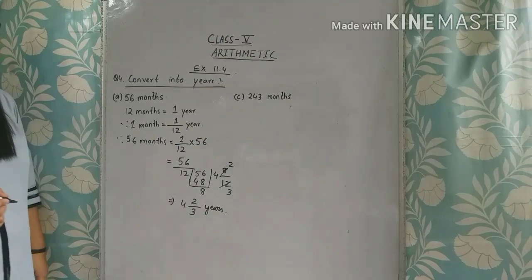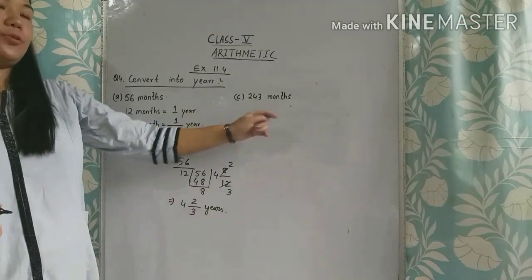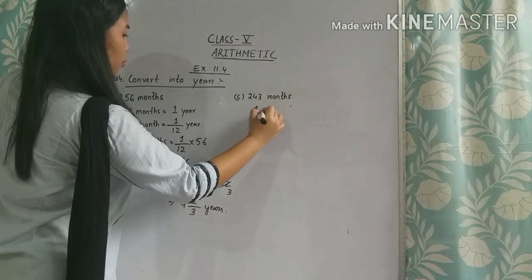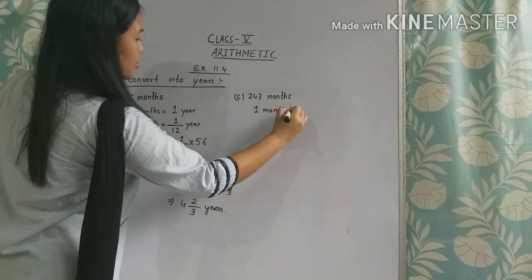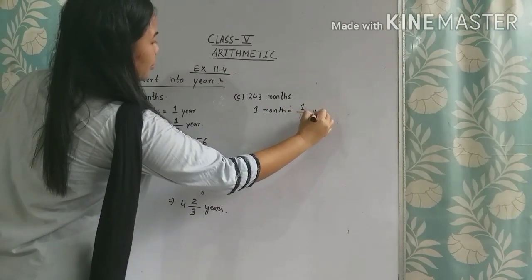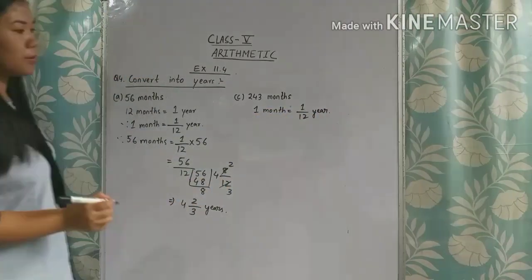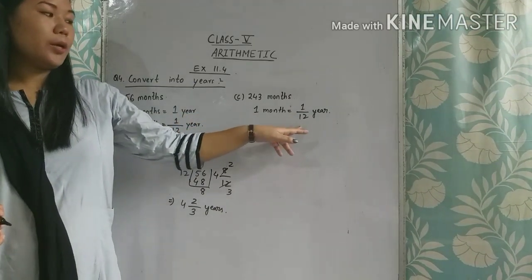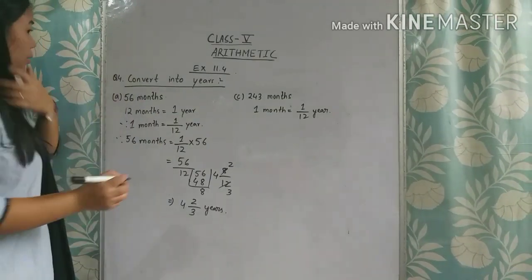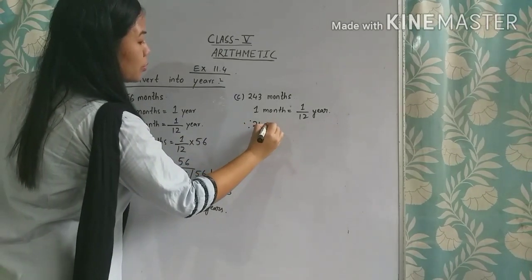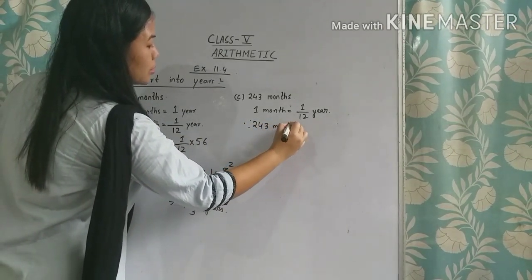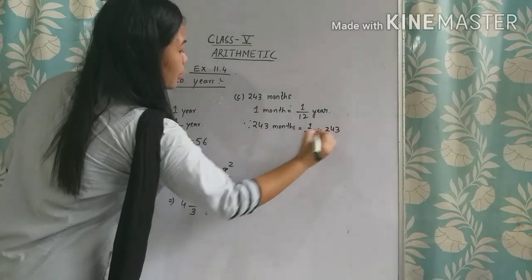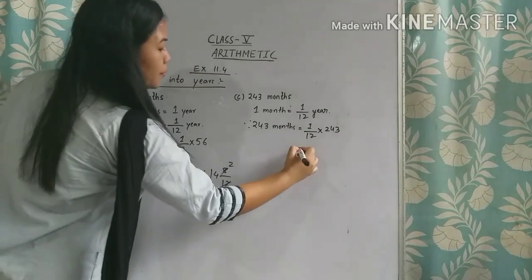Clear? Next, 243 months. In the same way, we know that 1 month is equal to 1 by 12 year. Okay? Here I am not writing this anymore. Therefore, let us convert 243 months, equal to 1 by 12 into 243.